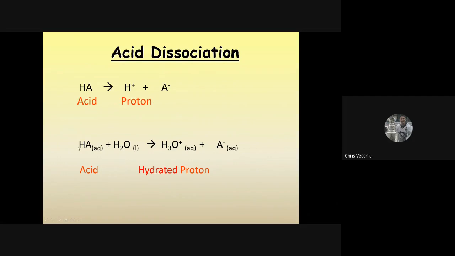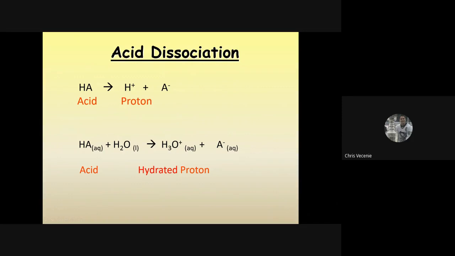In reality, your acid sees water and it gives the hydrogen to water, creating the A- ion, leaving it behind, and H3O+, and a proton and a hydrated proton, hydronium, are the same thing. It's just a proton with water attached, and a proton without water attached.